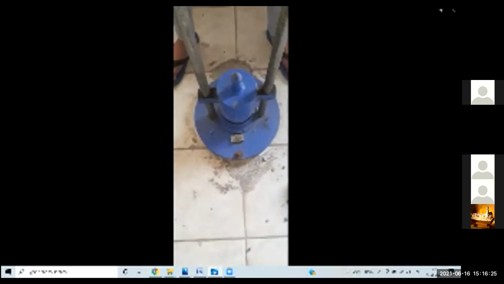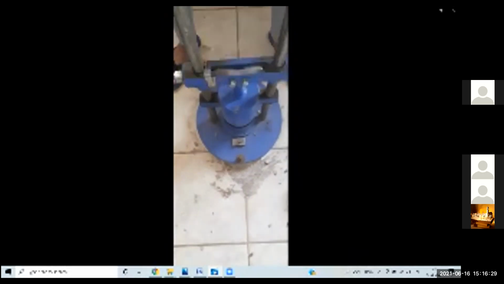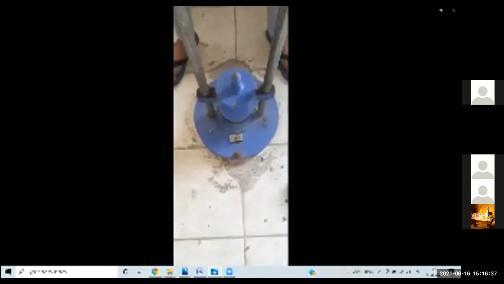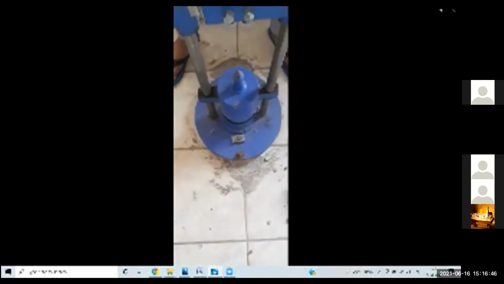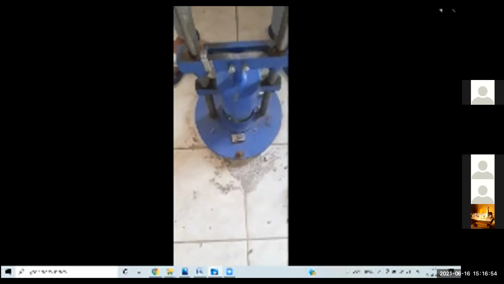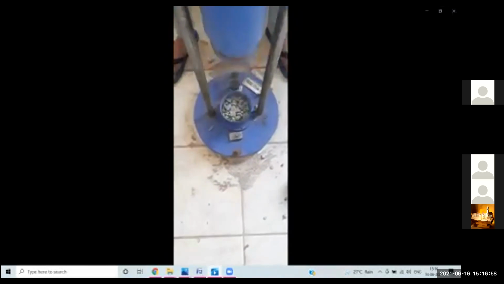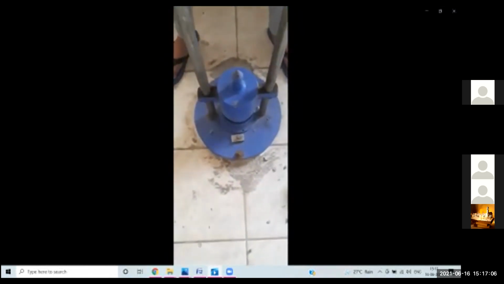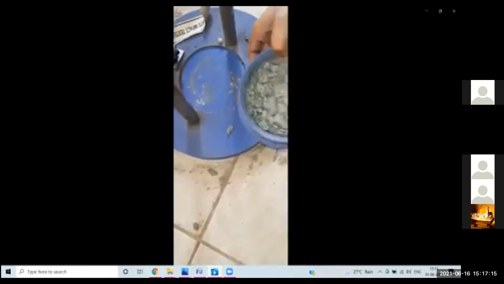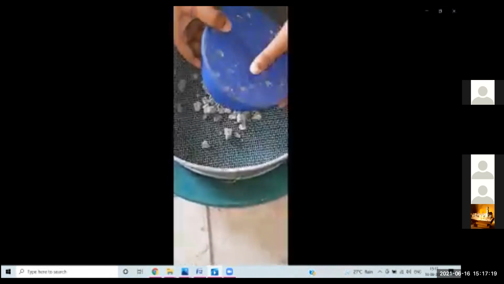Now the sample is given 15 blows. Remove the crushed aggregate from the cup and then sieve the aggregate.